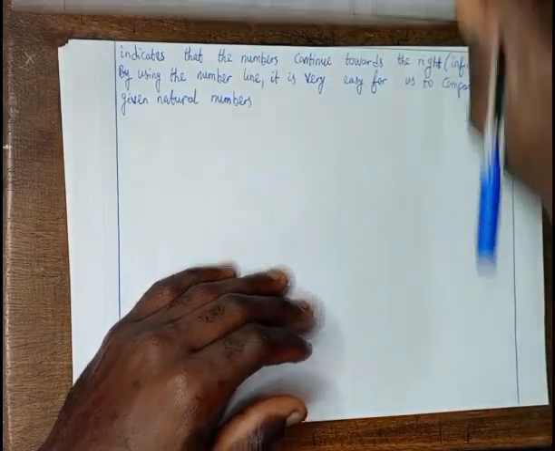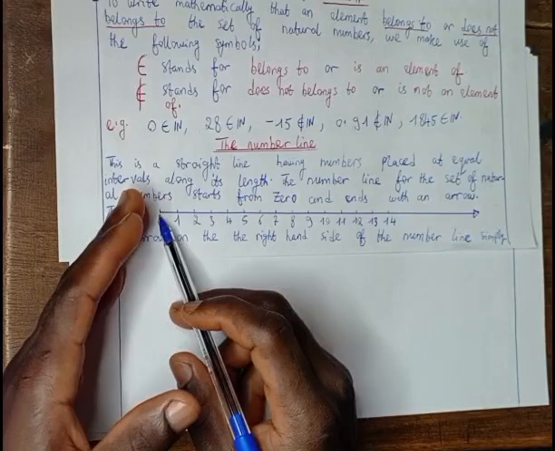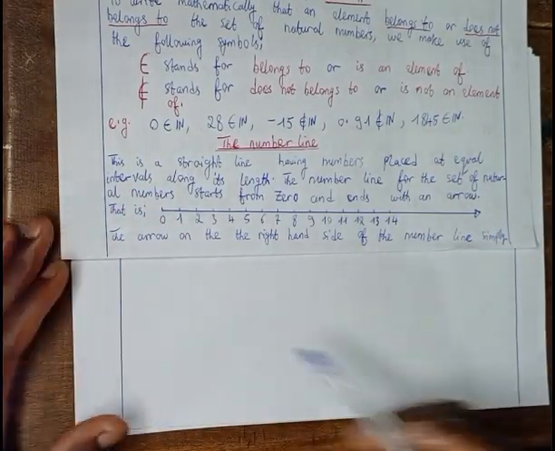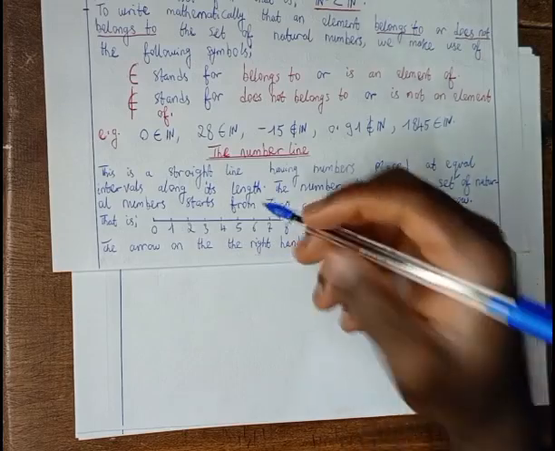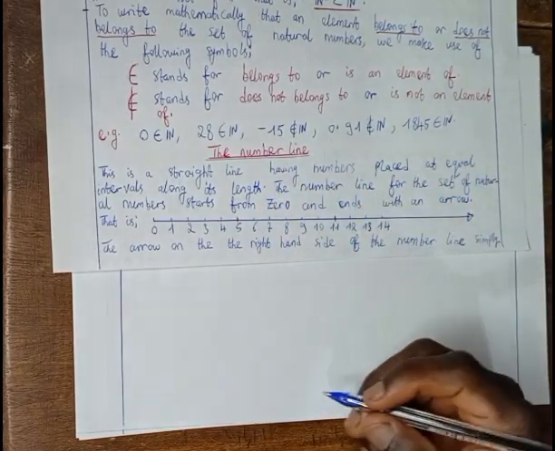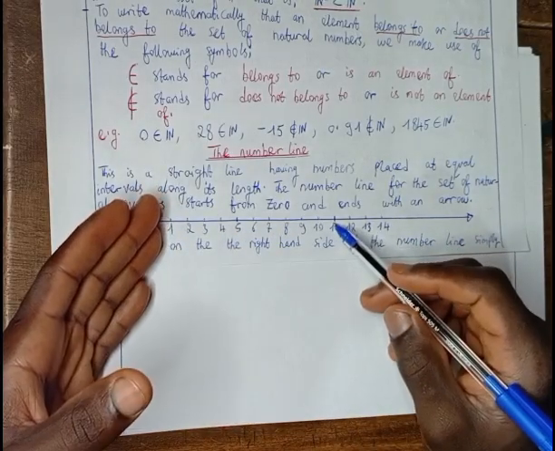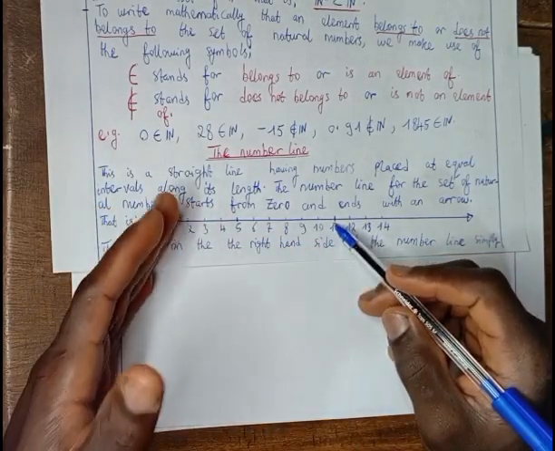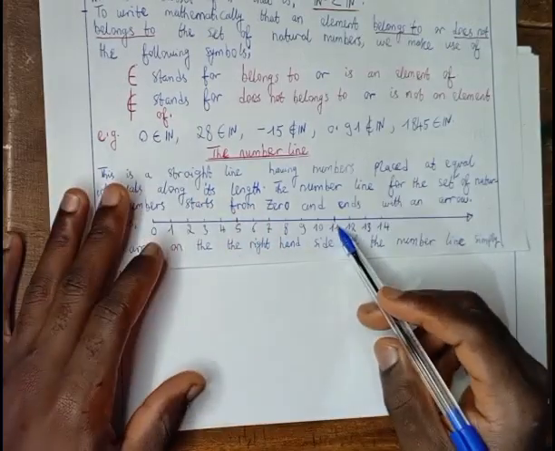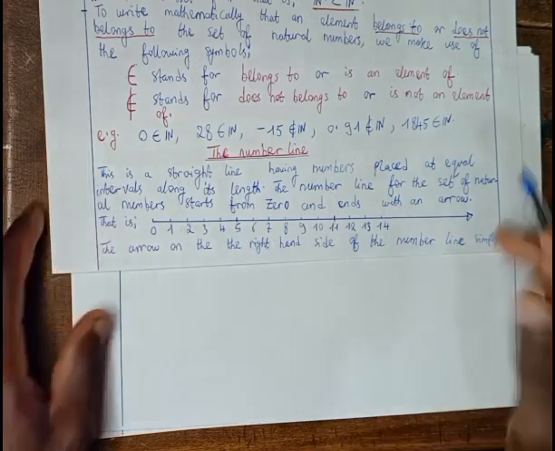As you can see, on the number line, as we move from the left hand side to the right hand side, the numbers increase in size. For example, if we are to compare the numbers 5 and 11, you will see that 5 is to the left hand side of 11. In such a case, we say 5 is less than 11, or 11 is greater than 5. You take note.